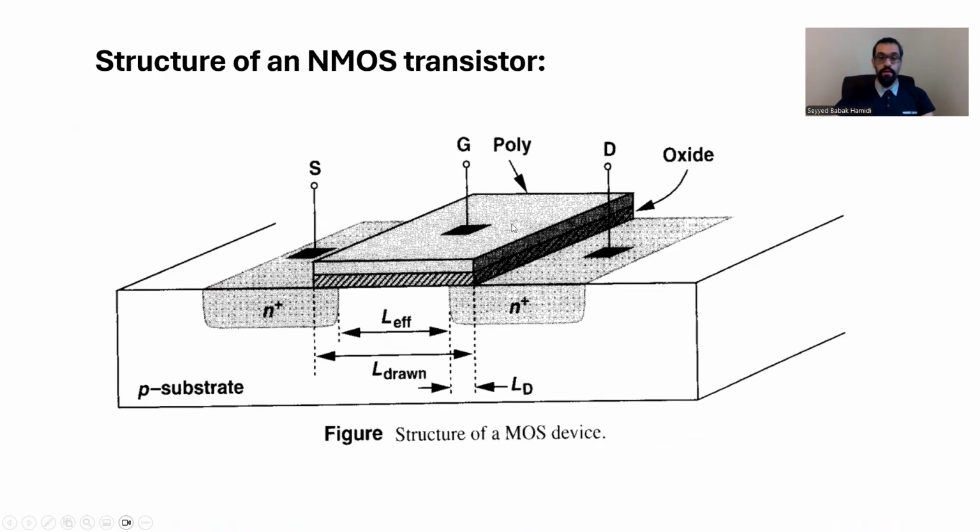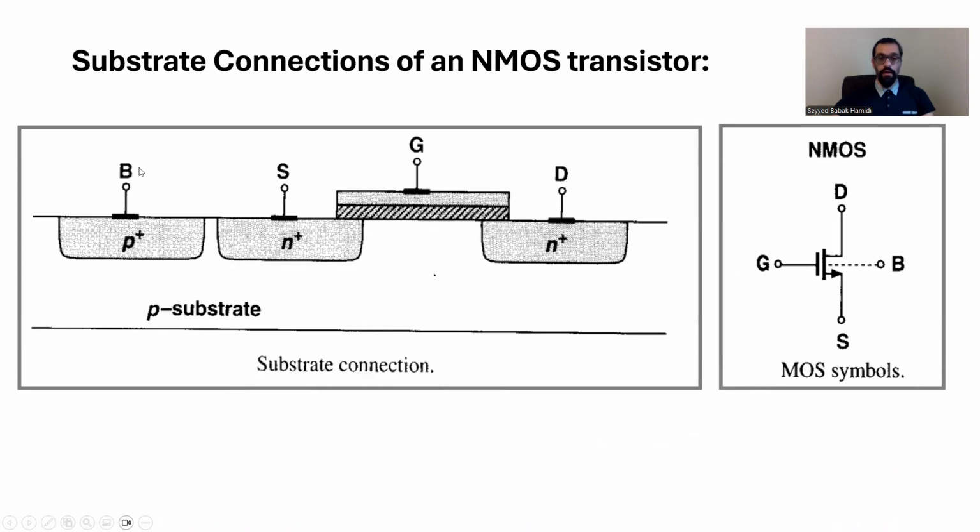On top of that SiO2, there would be a metal layer to have a connection for the gate terminal of the transistor. So our transistor would eventually have 4 terminals: drain, gate, source, and a substrate, which will be called the bulk or body of the transistor.